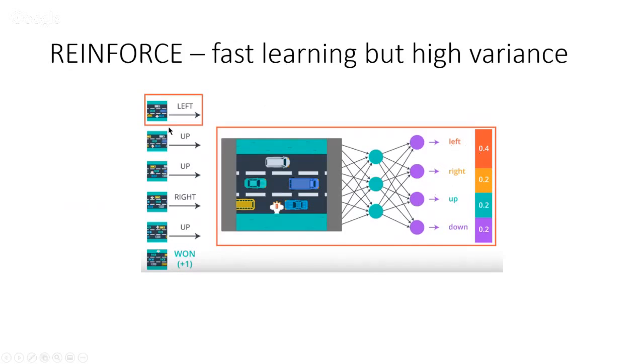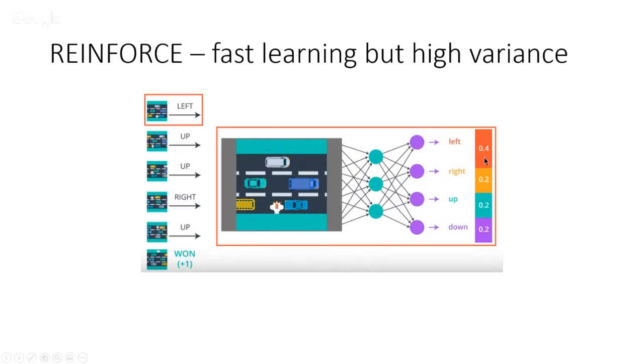And suppose during training you go back and you say, okay, when I saw this state, I took left action because it had higher probability. And since I took this action, it turned out to be good for the agent in the end, and the agent won the episode. That means this left action is good given this state.